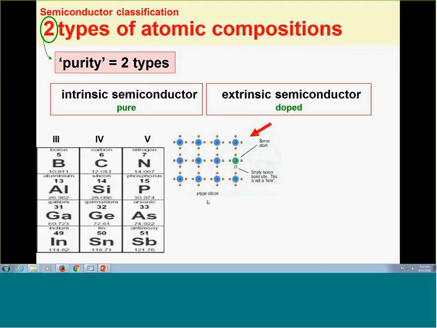So how are you going to get extra electrons for silicon? What kind of element should you introduce into your pure silicon in order to have extra electrons in it? Anyone?